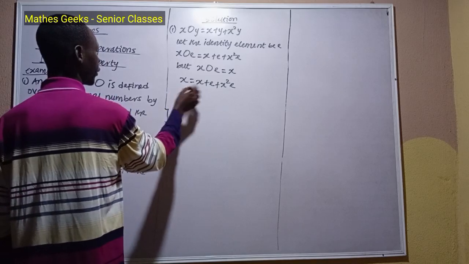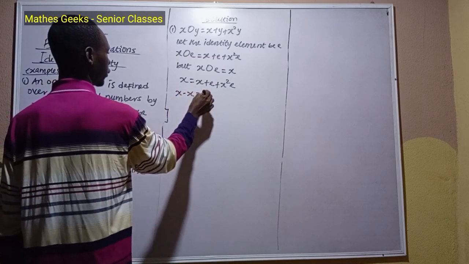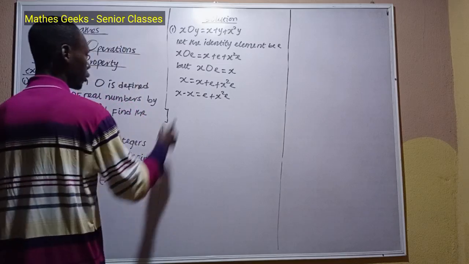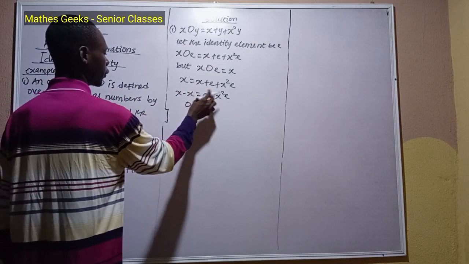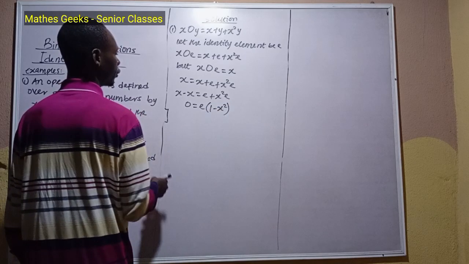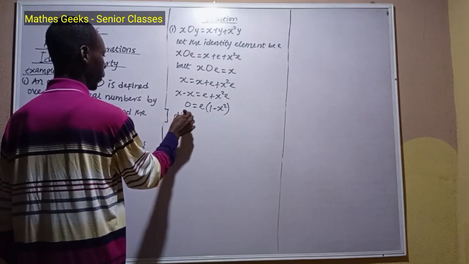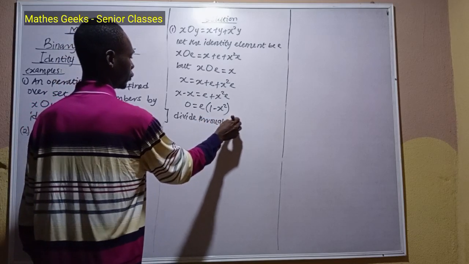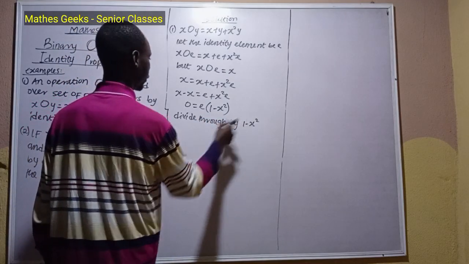So let's bring x over: x minus x equal to e plus x squared e. That is 0. Factor e out: 0 is equal to e times 1 plus x squared. So divide through by 1 plus x squared.